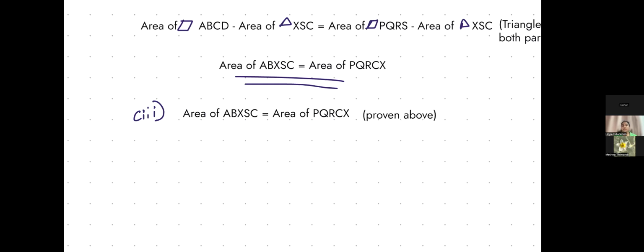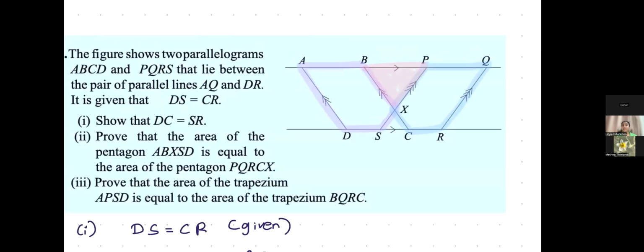Now there is the triangle BPX. I'm going to add that triangle to both these pentagons.